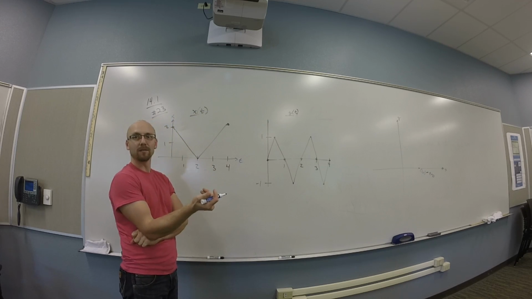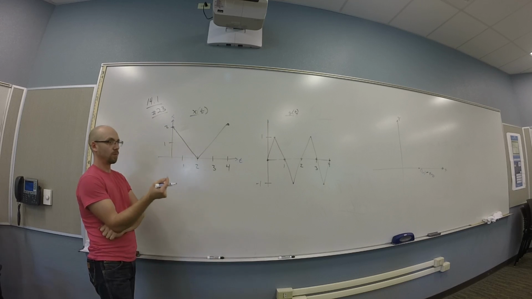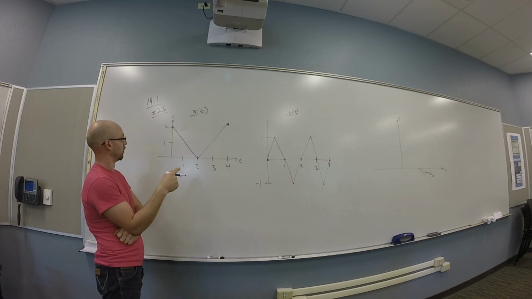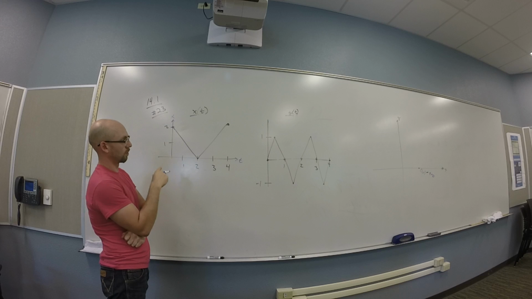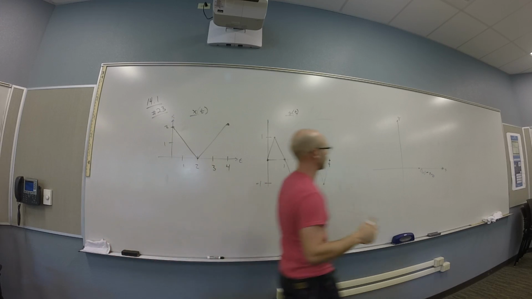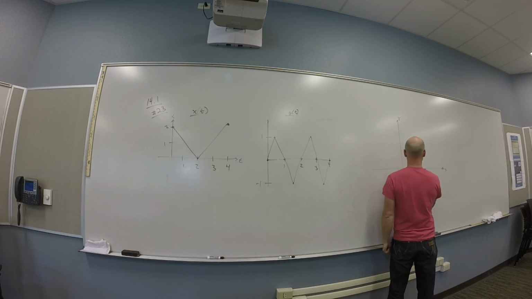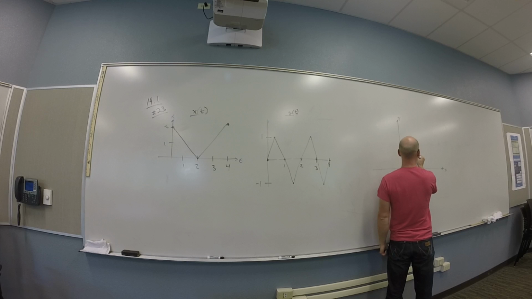Where's that? 1.5, comma 1. Yeah. Okay, so 1 1/2 is in here, and we're up 1 unit, so we're right here. And that dot happens at t is 1/2.